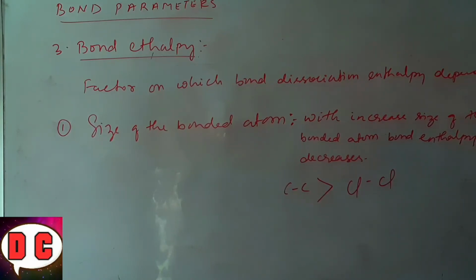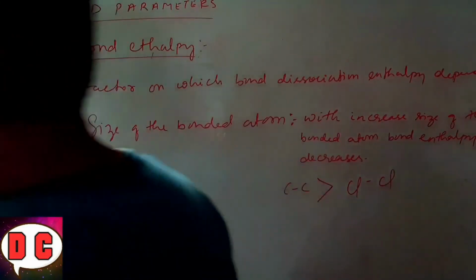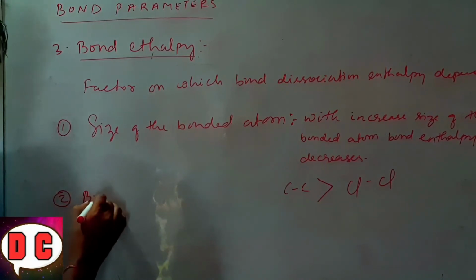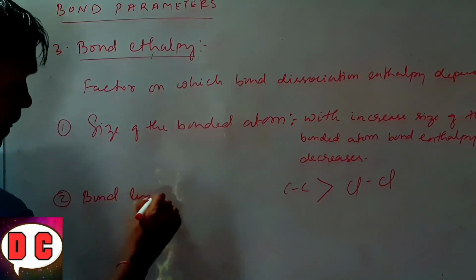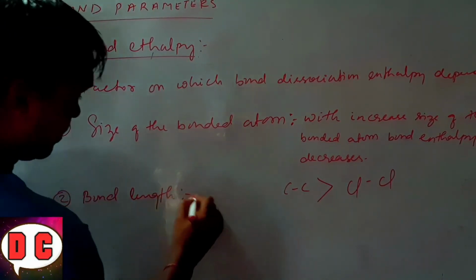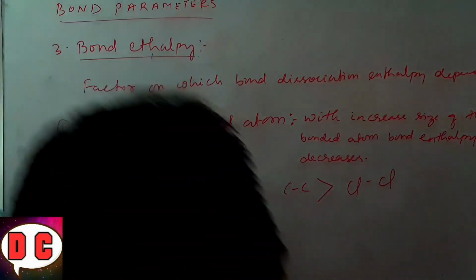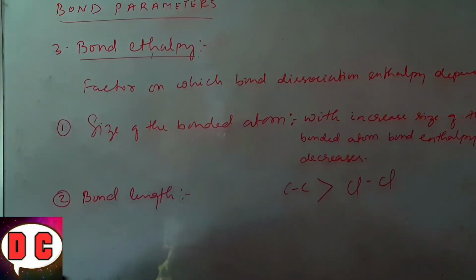The second factor is bond length. Okay, second factor is bond length. Smaller the size of the bond length, higher will be the bond enthalpy.